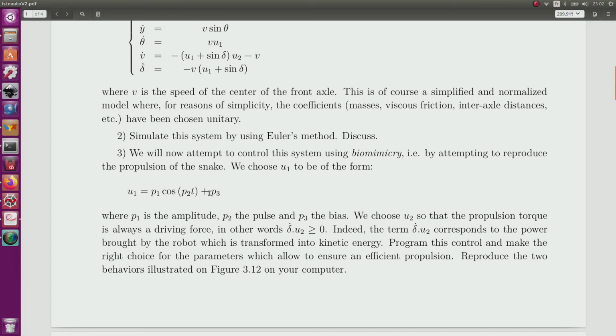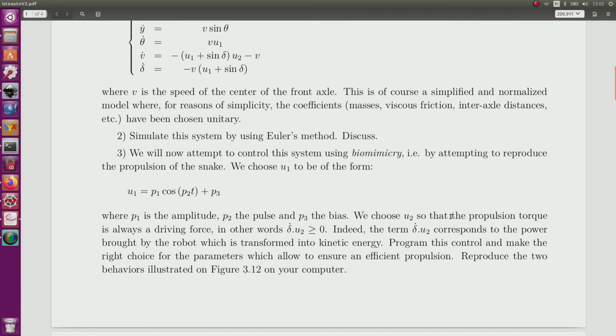So this is the oscillation which has the following form. So P1 will correspond to the amplitude, P2 to the pulsation or frequency, and P3 will produce the bias. So P1 and P2 will be more for the propulsion, and P3 more to control the heading of the whole vehicle.